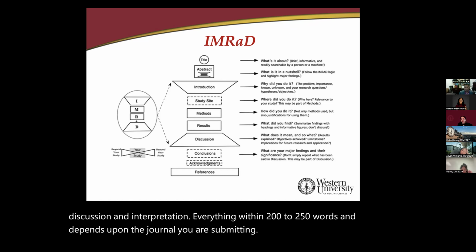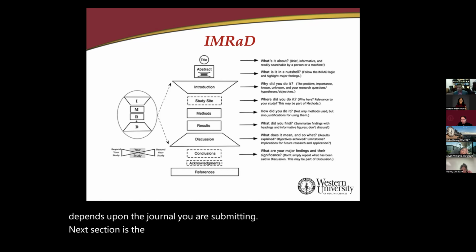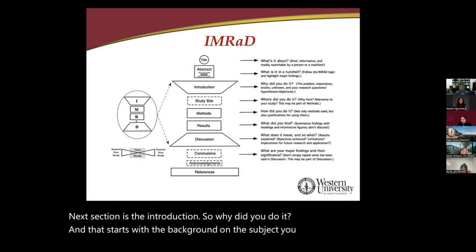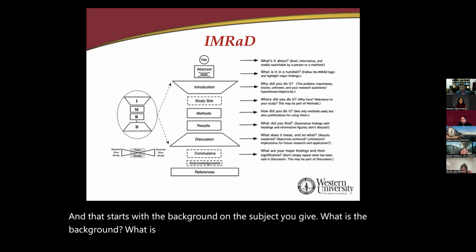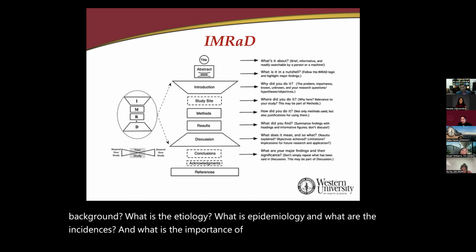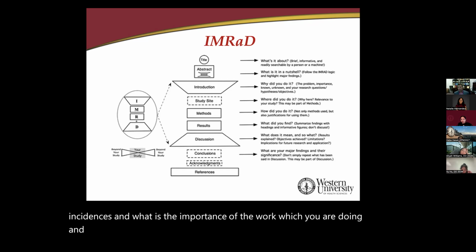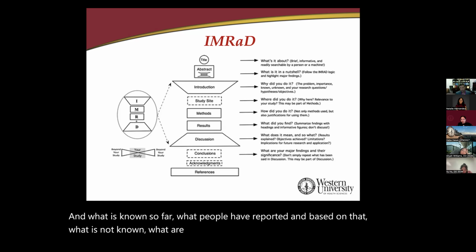The next section is the introduction. So why did you do it? That starts with the background on the subject. You give what the background is, what the etiology is, what the epidemiology is, and what the incidences are, and what the importance of the work which you are doing is, and what is known so far, what people have reported, and based on that, what is not known, what are the gaps in our knowledge.